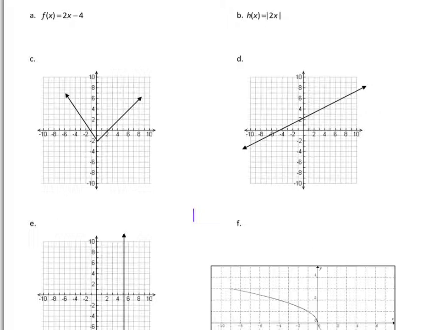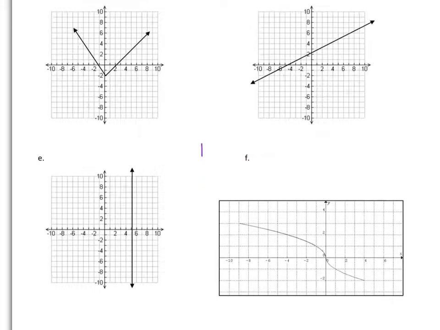Alright, D, domain and range for this one, since it's just a line, and lines are polynomial functions as well. So these will be all real numbers. And E, domain of that is simply just 5.